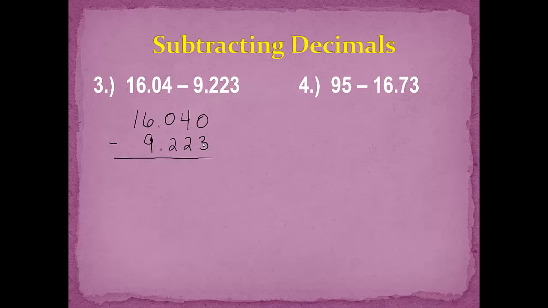0 minus 3 I cannot do, so I will borrow from the 4 and make it a 3. And now my 0 is a 10. 10 minus 3 is 7. 3 minus 2 is 1. 0 minus 2 I cannot do, so I will borrow from the 6 and make that a 5. And now my 0 is a 10. So 10 minus 2 is 8.